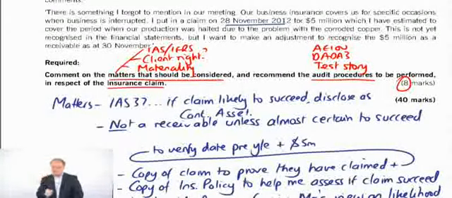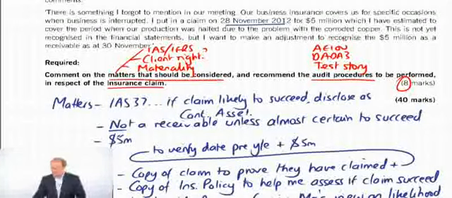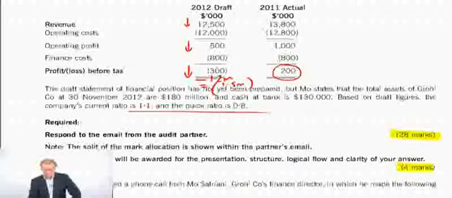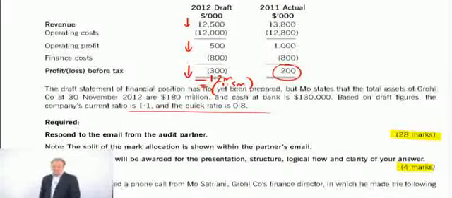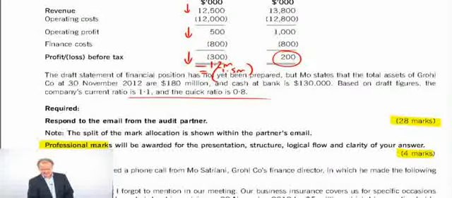I can also do materiality, because $5 million, well, that is almost half their revenue for the year. It's 25 times last year's profit. What's their assets? 180 million. 5 divided by 180 is almost 3% of assets.